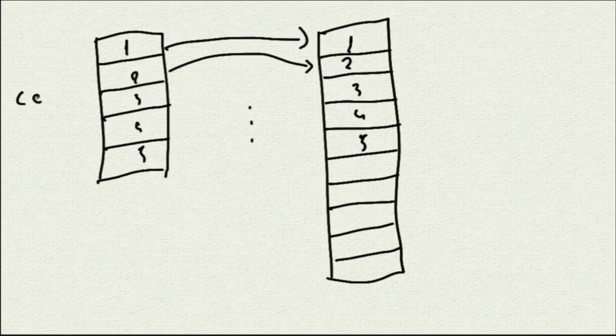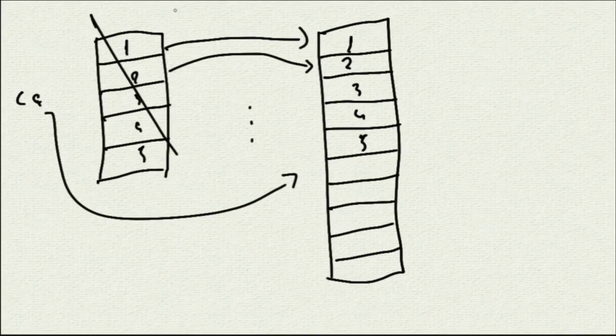So CQ here is pointing here, and we need to point it to this other one prior to leaving the function, and release this memory here, so that we free memory to give back to the operating system, and this will be our new vector.